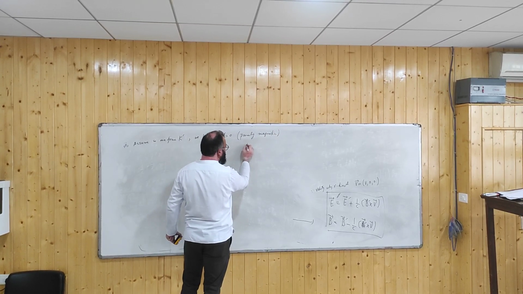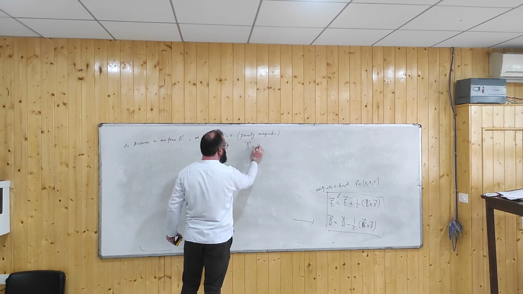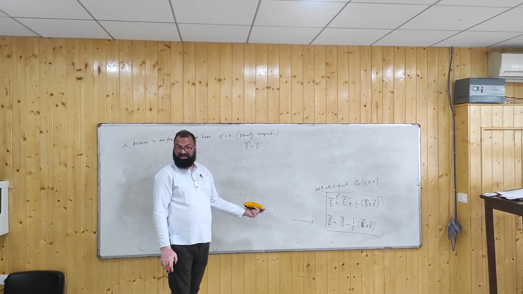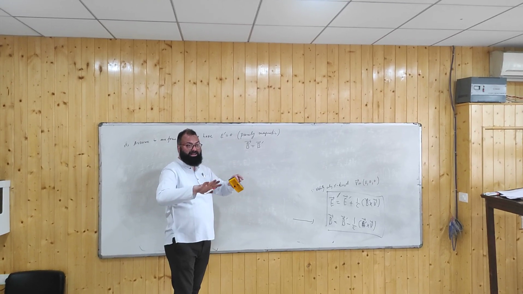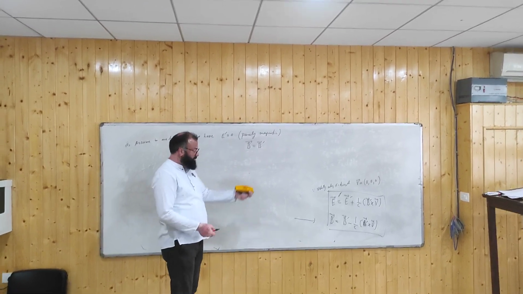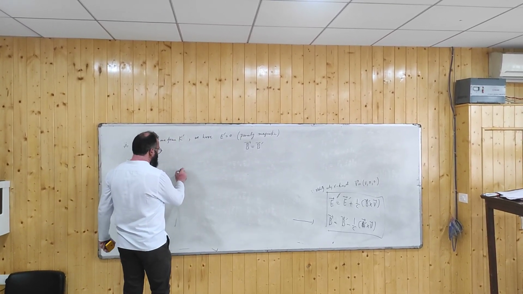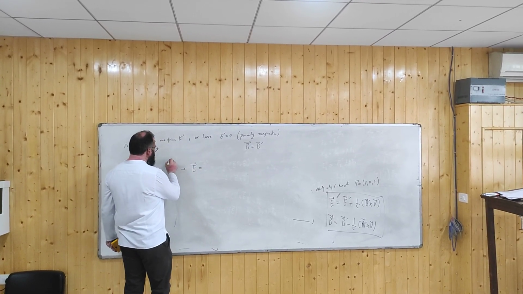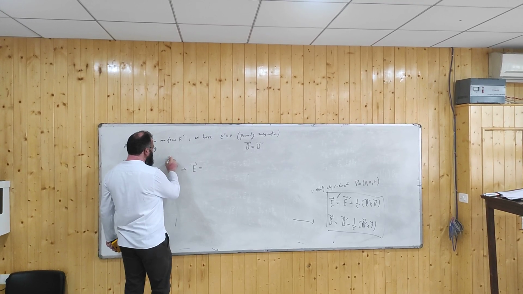So it implies B is equal to B prime. Clear? So from the second relation, now you have a purely magnetic field, no electric field at all. What will you observe from the first relation, which gives me the electric field in the unprimed frame? Okay, so this is in the K frame.